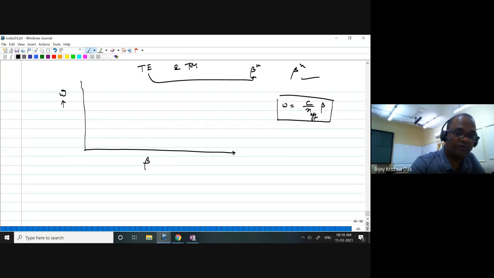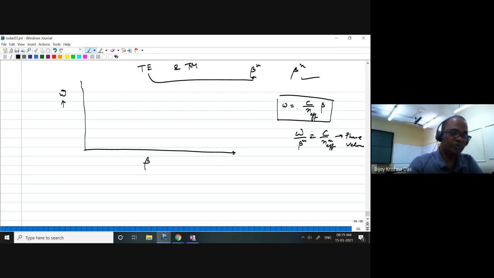Normally n effective is known, so for omega versus beta, we write omega by beta equal to C by n effective. That is your phase velocity of the mode, the phase velocity of any guided mode. We write here m, and here also m for the mth mode. That can be a TE mode and that can be a TM mode.